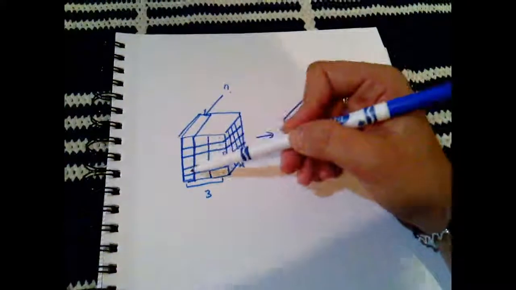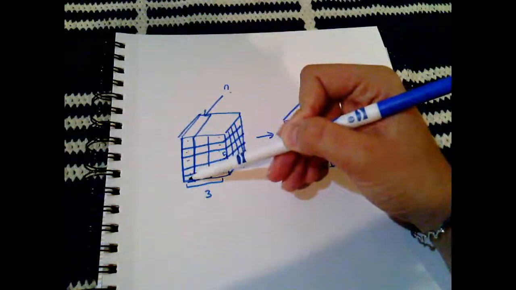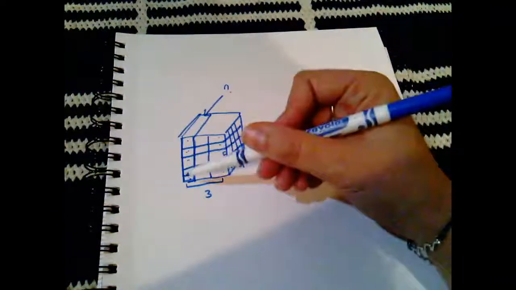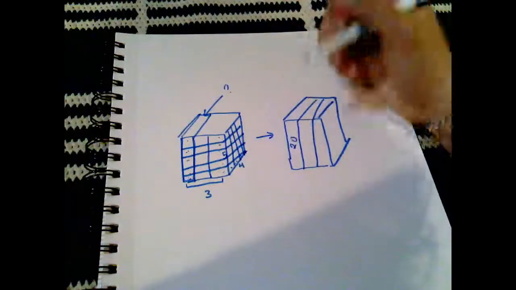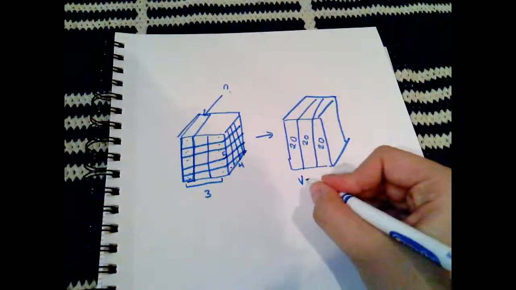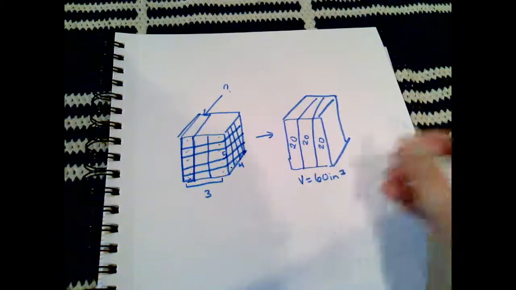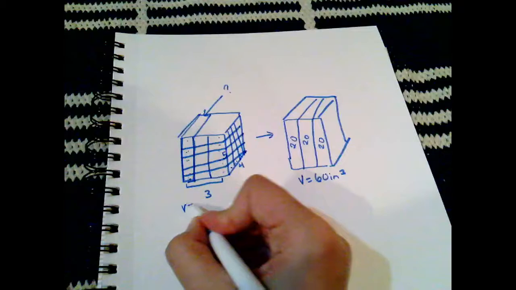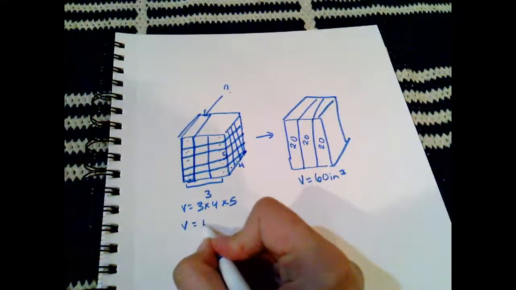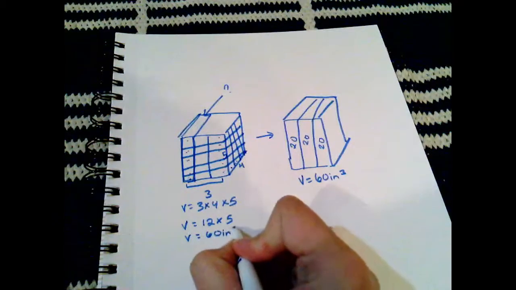So I can think about it as I have 1, 2, 3, 4 by 1, 2, 3, 4, 5, which is 20. So I can think of it as 3 layers of 20, which would give me the volume of 60 inches cubed. I'm going to check that by going back over here and doing 3 times 4 times 5. 12 times 5 is 60 inches cubed.